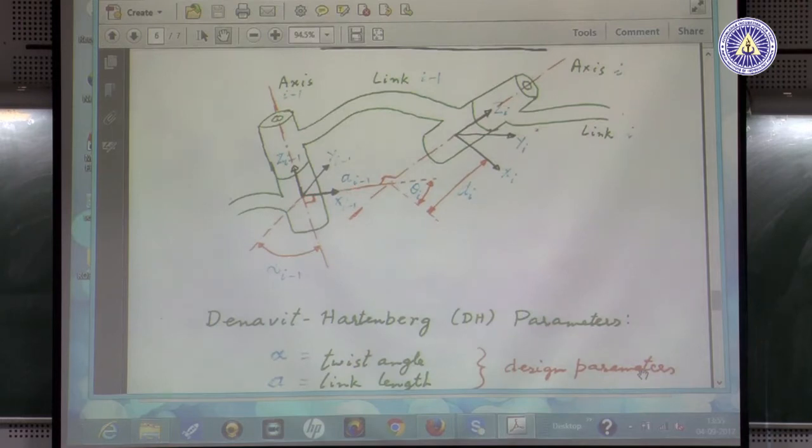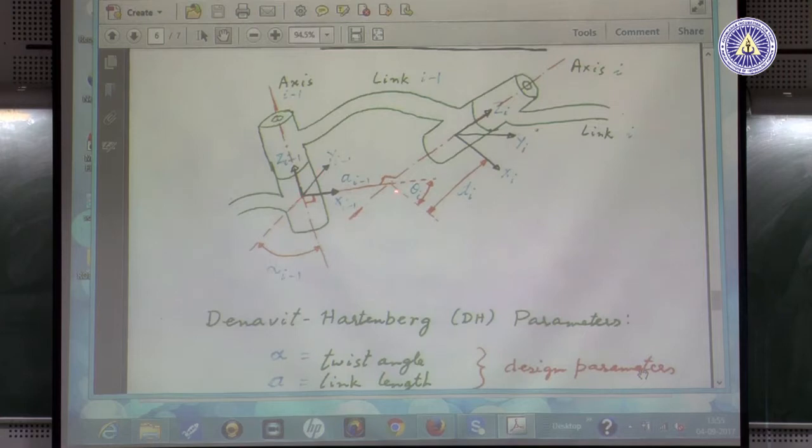After fixing these two, how to fix the y axis? Right hand rule, it is already fixed, we just have to know it. You take this unit vector cross this unit vector, you get this unit vector, done.